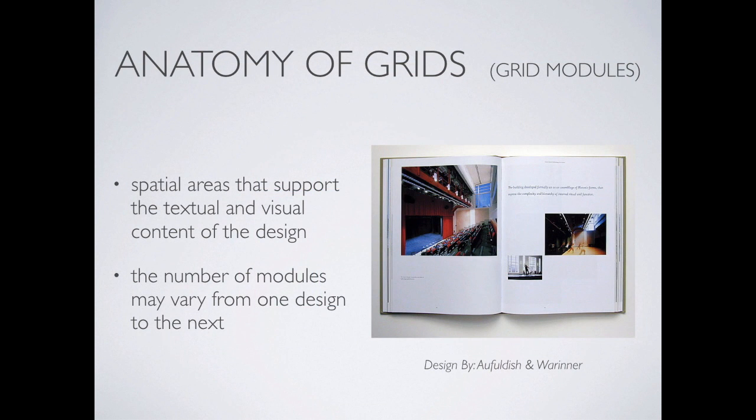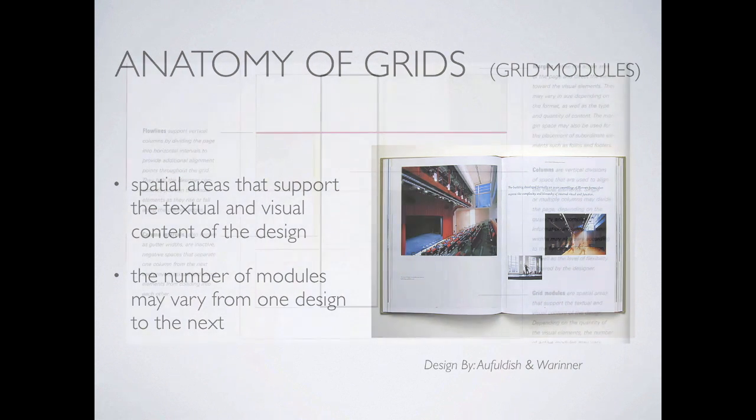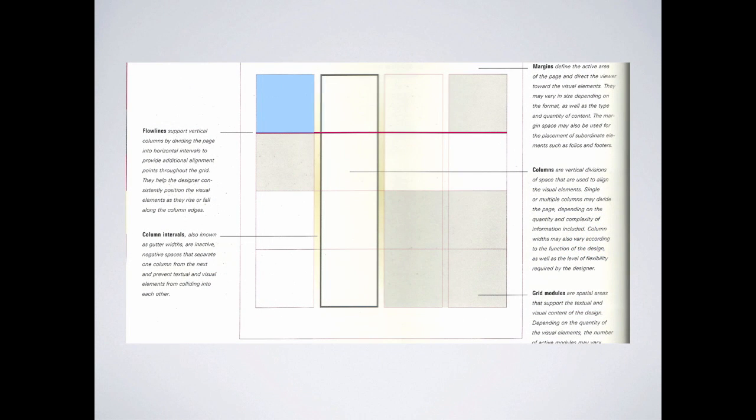Okay? Grid modules are basically a combination of the flow lines and the column intervals. And they end up creating these little squares that then become grid modules that you can put content into. Right? They're spatial areas that support the textual and visual content of the design. So they're basically the underlying format that you can then insert your content.